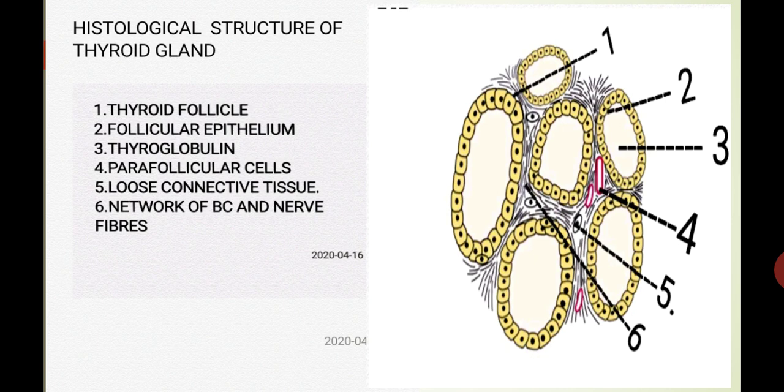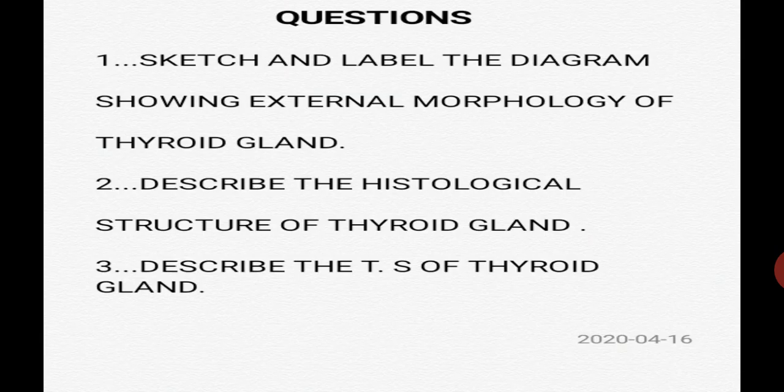Besides the follicle, there are also some special cells called parafollicular cells or C cells. These parafollicular cells secrete a hormone called thyrocalcitonin or calcitonin. Besides the follicle and parafollicular cells, there is also the presence of loose connective tissue and a network of blood capillaries and nerve fibers. This is about the histological structure of a thyroid gland.